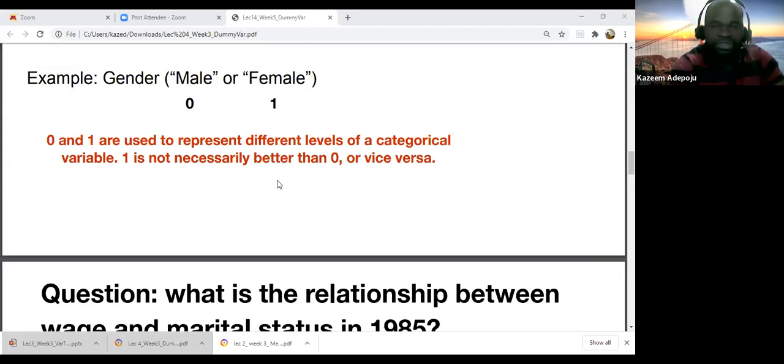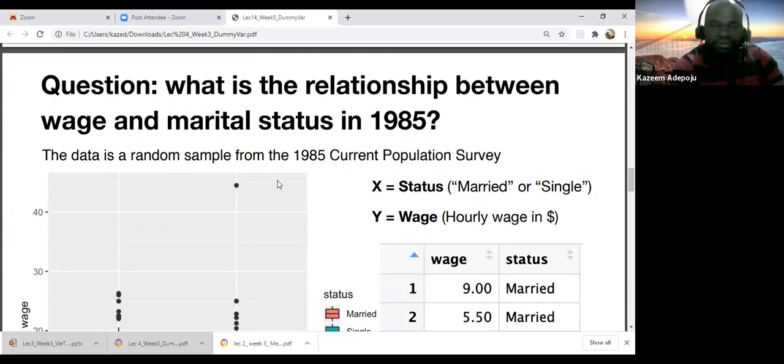Okay, now the next thing I want to talk about, can we have an example of a dummy variable? There are some questions that we may actually want to ask. Maybe we got a question and we want to provide an answer to that. So at times it could fall under a dummy variable regression. And how am I going to know?